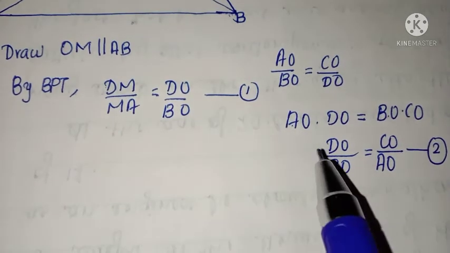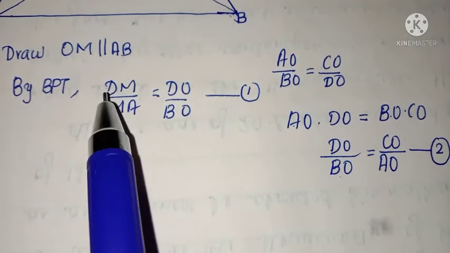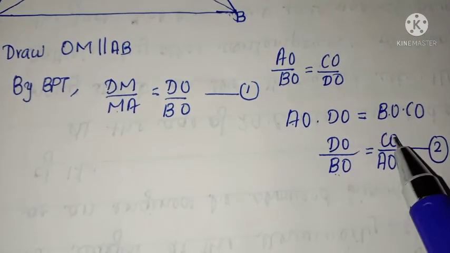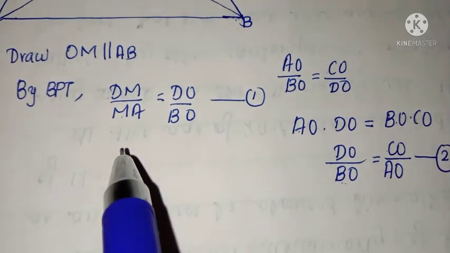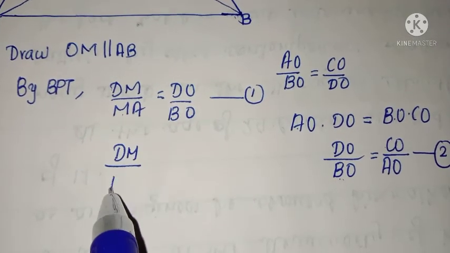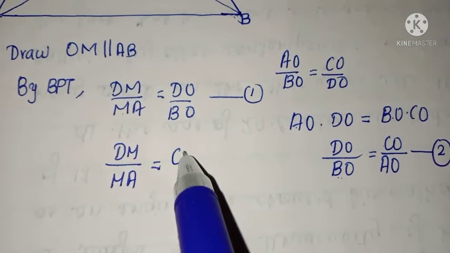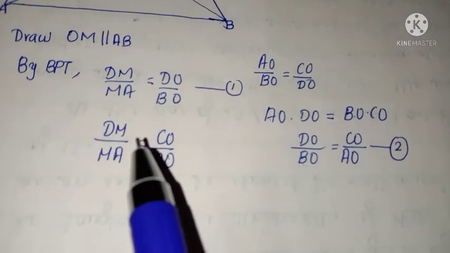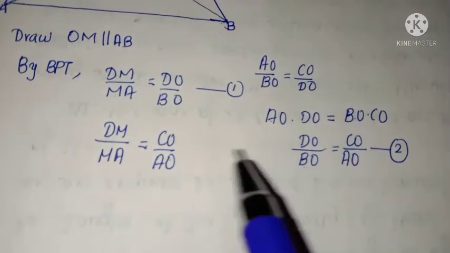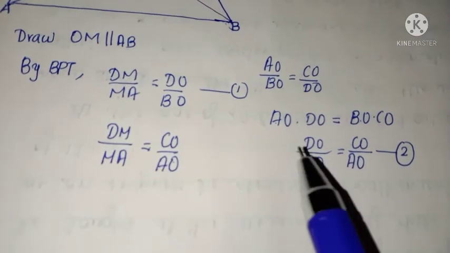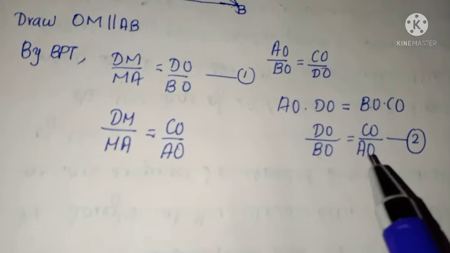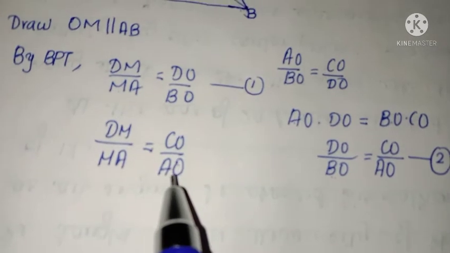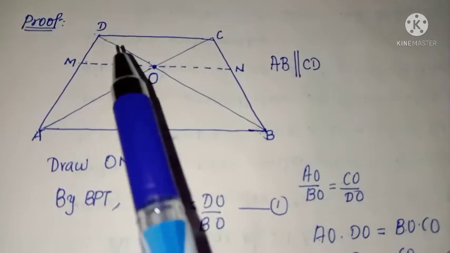Now, look at these two equations. Listen here, DO by BO equal to DM by MA. Here, DO by BO is equal to CO by AO. So, here we can replace DM by MA is equal to CO by AO. Okay, so DM by MA is equal to CO by AO. Look at the figure.